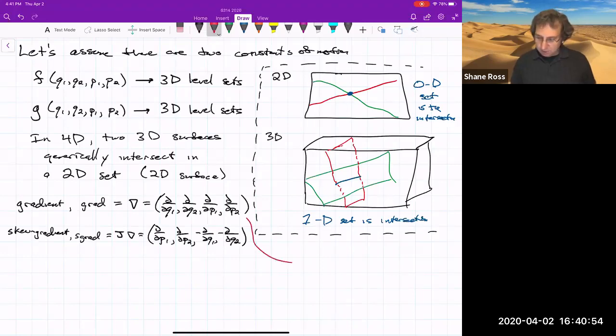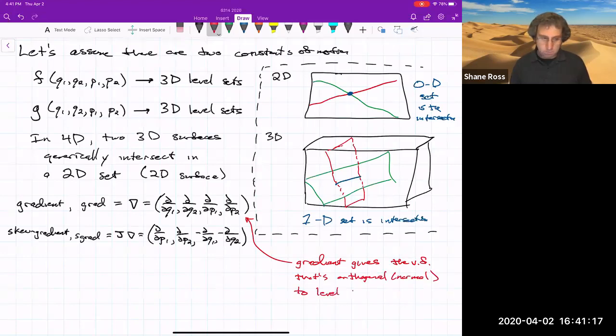Like we talked about above, the gradient, at least in the 1D example, gives the vector field that's orthogonal, normal to the level sets of the scalar function that you take the gradient of. What about the skew gradient? The skew gradient is different.